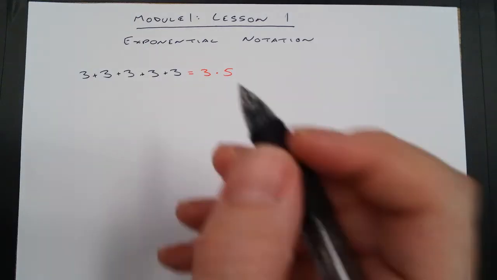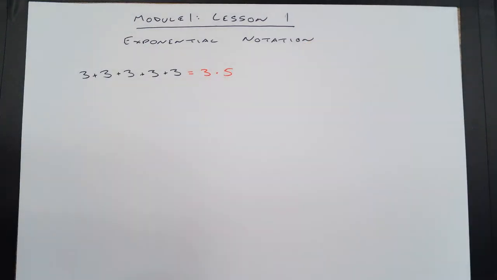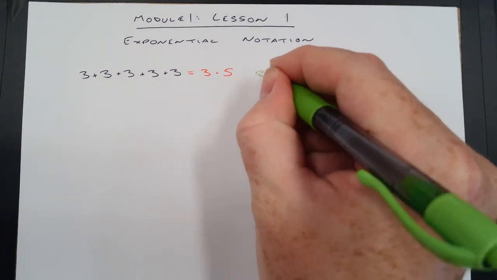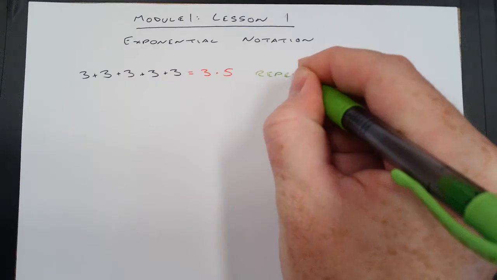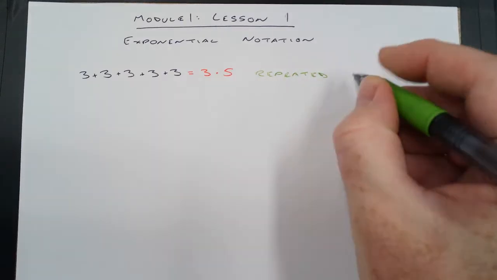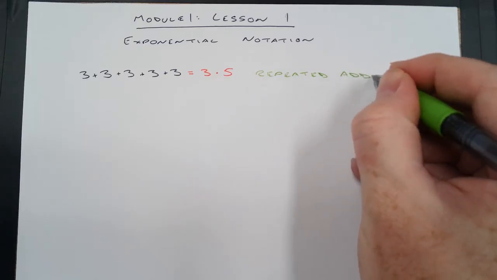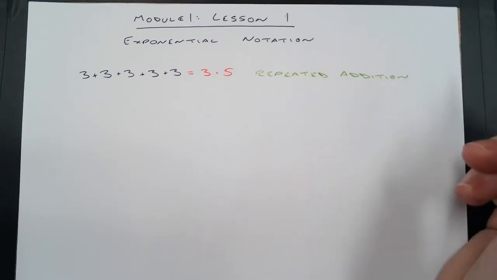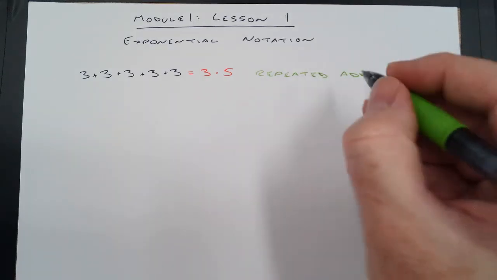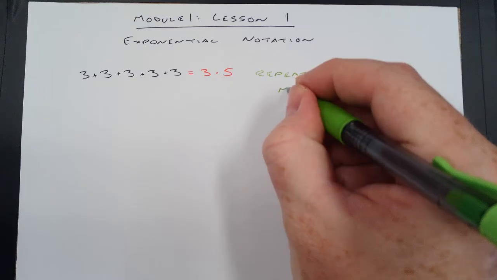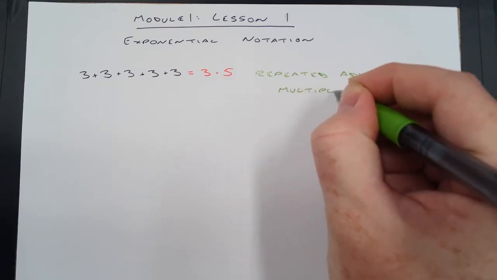What happens if, this is called, let me get a different color. This is called repeated addition. The fancy word for repeated addition, and I know you're going to say it's not super fancy, this is multiplication.